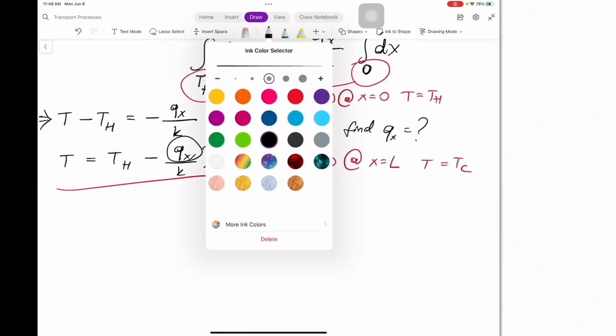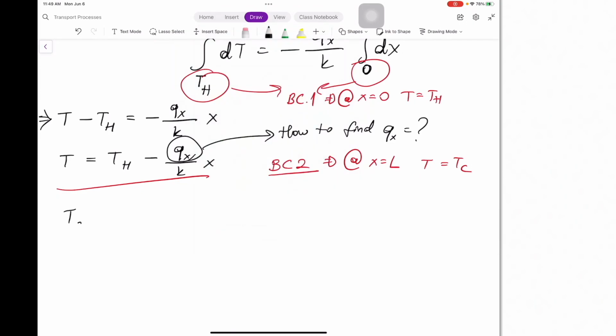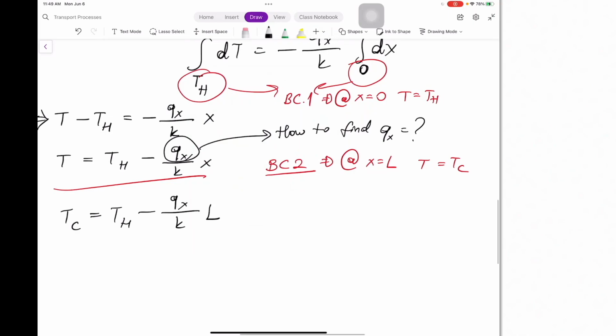So I find that T cold is equal to T hot minus qx over k times L. Instead of x, I replace L. And then from here, you can find that qx is equal to T hot minus T cold divided by L times k.